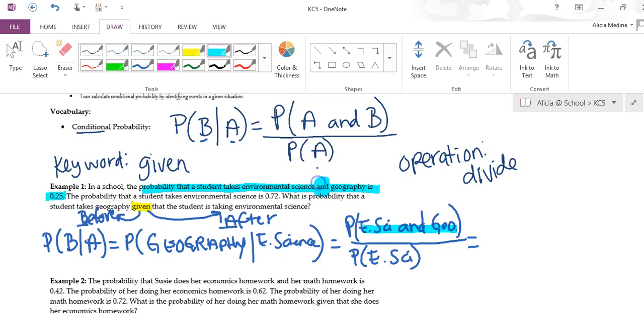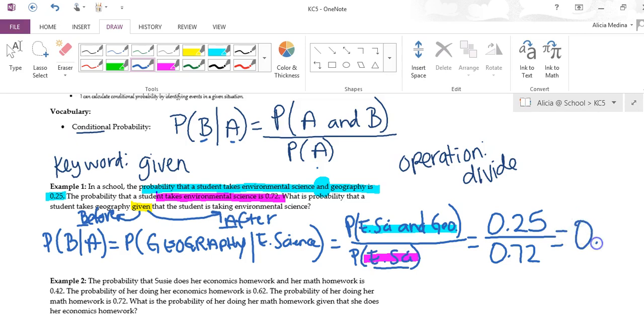We see this and is the probability of 0.25. So that's all I have to put here. I have to find the and statement, and then I have to look to find the probability of just environmental science. The probability that a student takes environmental science is 0.72. So that's what I'm going to put here down at the bottom, is 0.72. All right, go ahead and simplify those. You divide those decimals here, and then you're going to get 0.35.